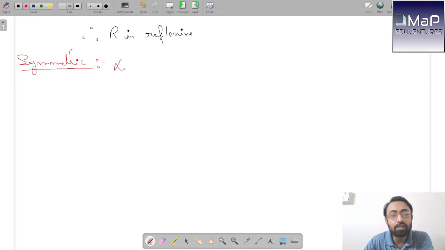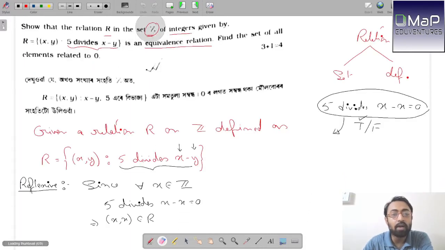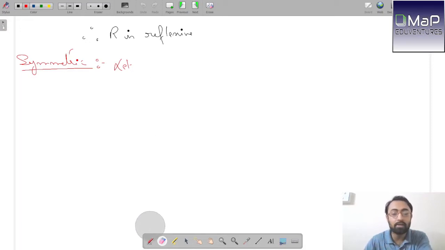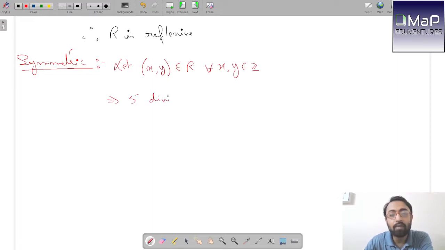by taking an ordered pair say a, b, or here x and y, since we are working with x and y. Okay, so let x, y belong to R, for all x, y belong to Z. Now the ordered pair x, y belongs to R, that means obviously 5 divides x minus y.